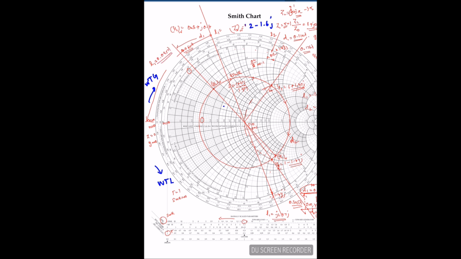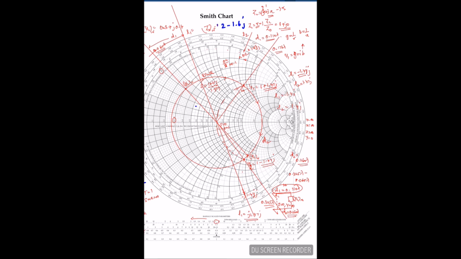So similarly for L2, here it is positive, I have to convert into the y domain. I will take another straight line all the way from the origin connecting to the outer scale of the Smith chart, that is the wavelength.